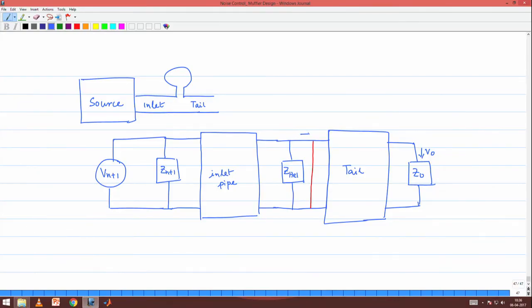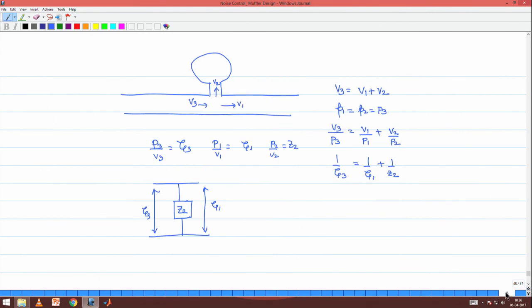See, what we are saying is that from here on, what goes ahead is, in that terminology we had said V1, and what goes here is, sorry, this is V2 and this is V3, right. So downstream of the Helmholtz resonator is only V1.